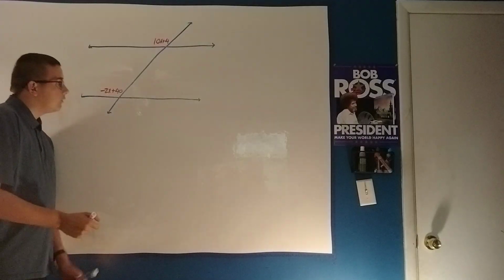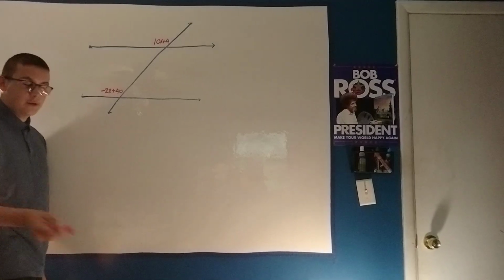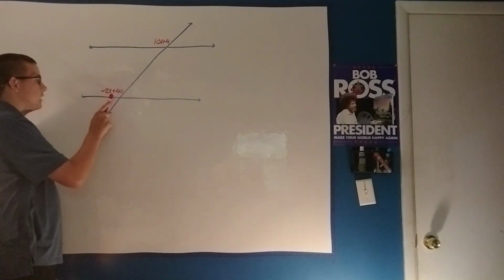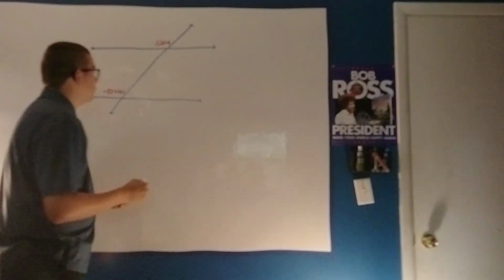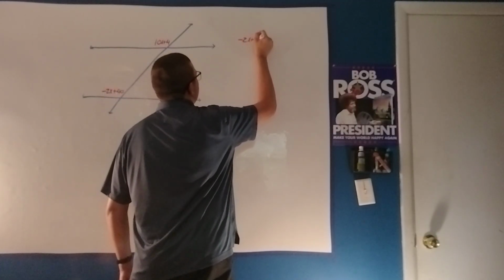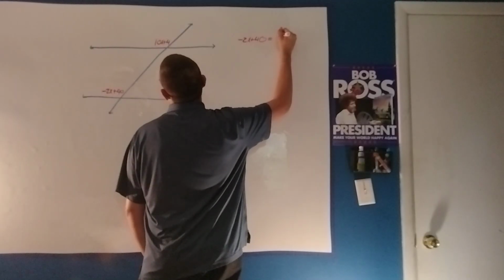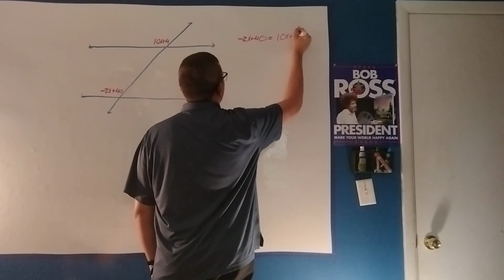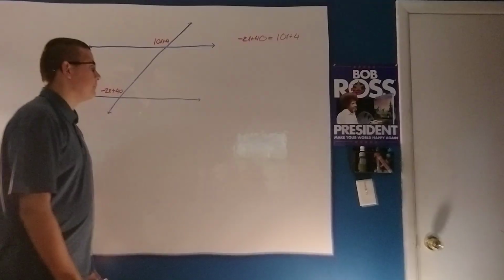Okay. So these are going to be congruent because these are corresponding angles. You could just slide this up here. So we're going to set them equal to each other. Negative 2x plus 40 equals 10x plus 4.